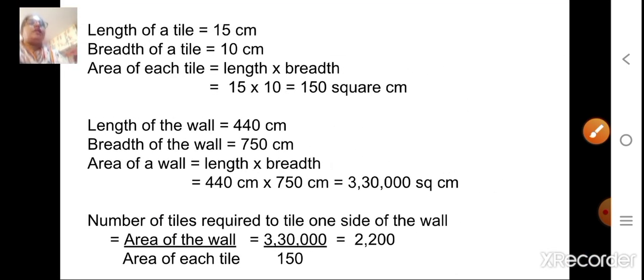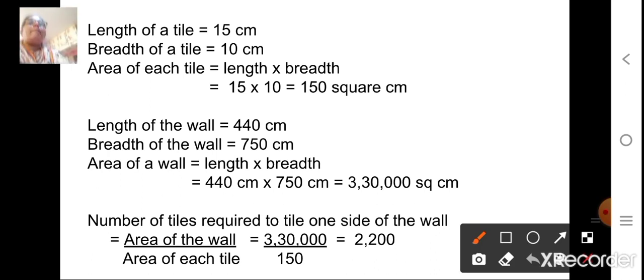Just see here, the length of a tile is given, breadth is given. We have found the area of the tile, that is 150 square centimeter. Then we have found the area of a wall, that is 3,30,000 square centimeter. Next is the number of tiles required to tile one side of the wall.